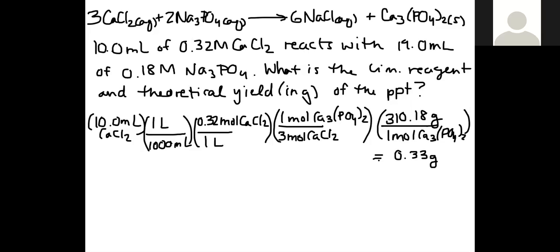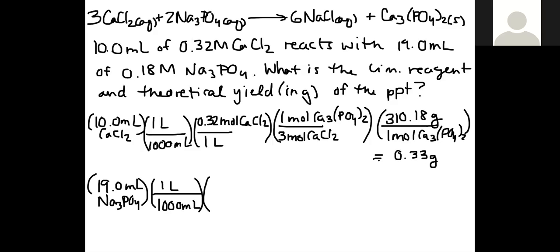The molarity, 0.32. Moving on to the next one, 19.0 mils of Na3PO4. I'm going to turn that into liters. For that, the molarity is 0.18 moles of Na3PO4 per 1 liter. It's a 2-to-1 ratio here.